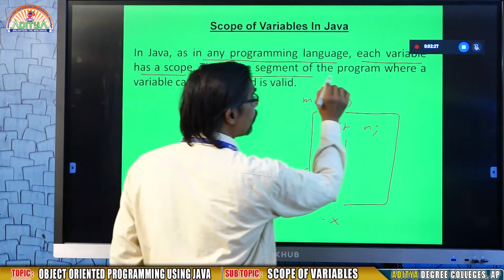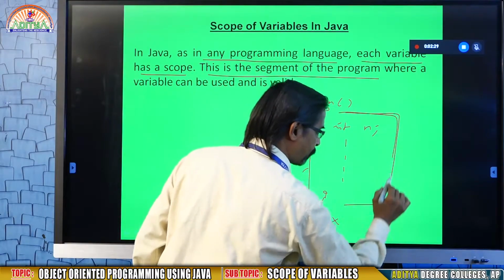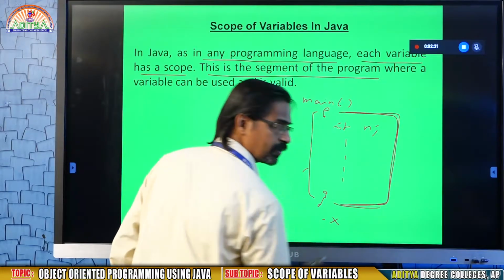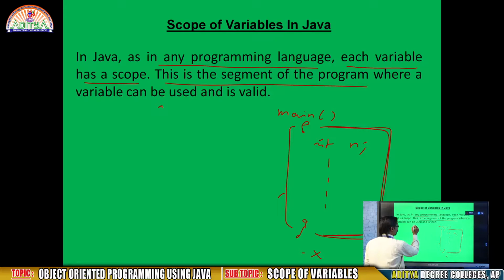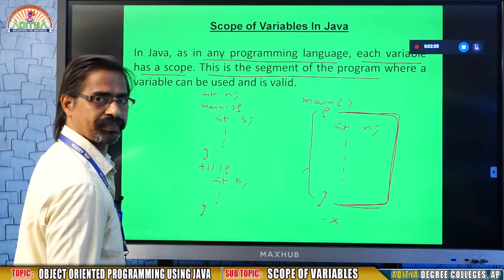This is the segment of the program. Segment means the part where you define. For example, I defined a variable n. Now this is main. In the main, I defined one more variable s. Again, I am writing a function f1. Here I am defining k. So my C program is like this.